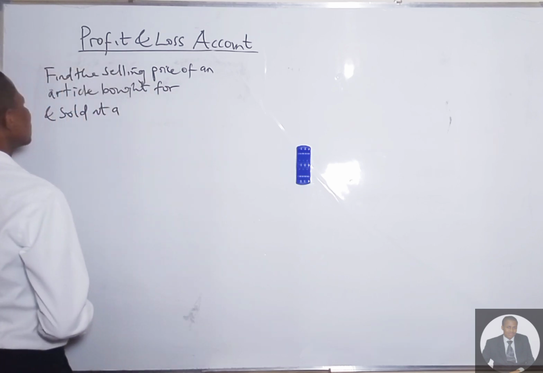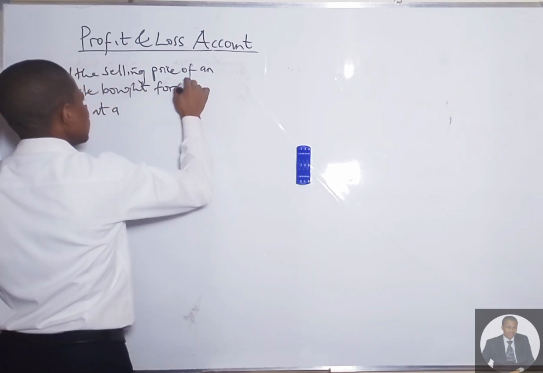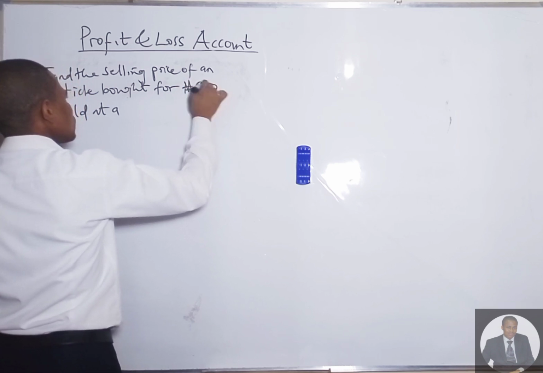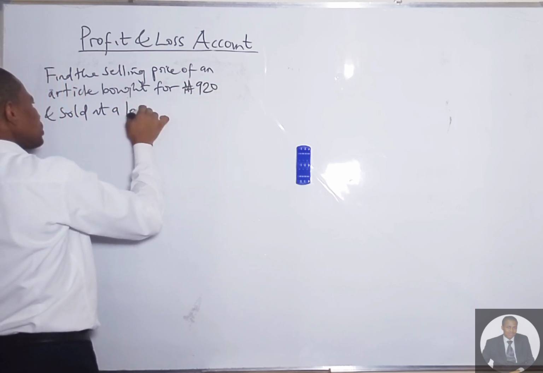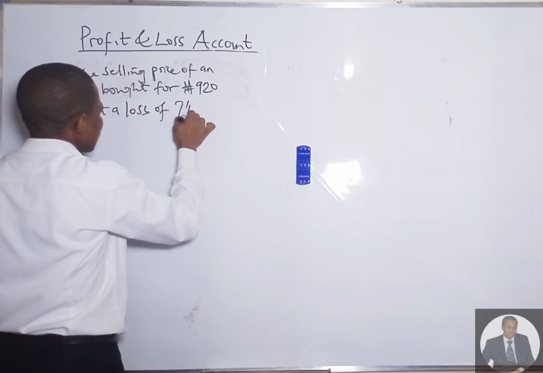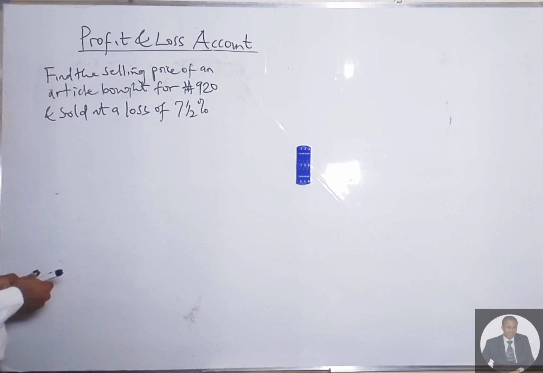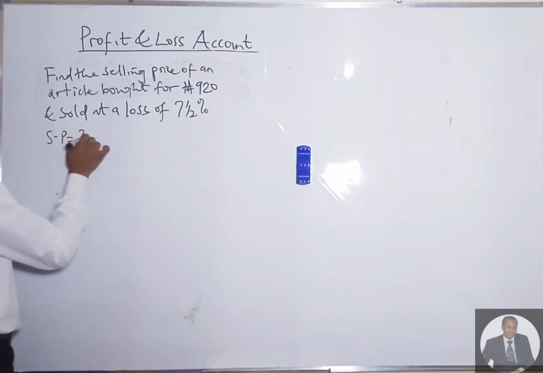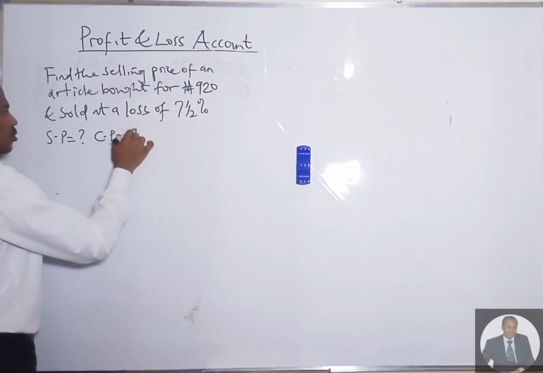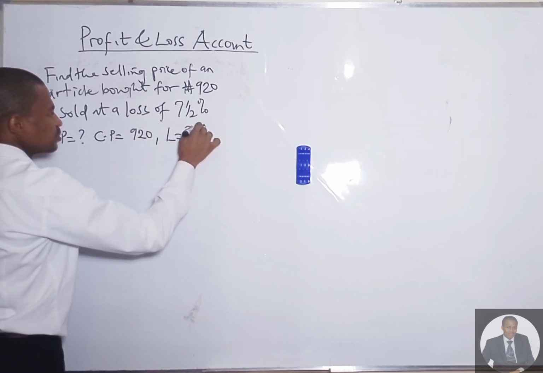Find the selling price of an article bought for 920 naira and sold at a loss of 7.5%. Here we are asked for the selling price, but we are given a cost price of 920 and a loss of 7.5%.